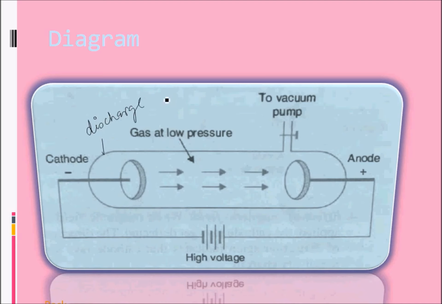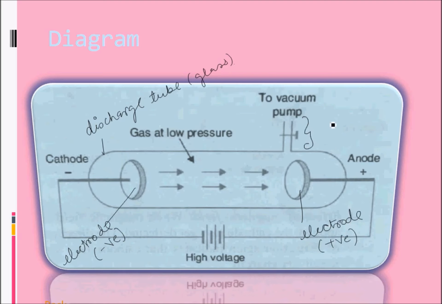It is basically made of glass. This is a metal electrode, the negative one, called the cathode. This is also a metal electrode, the positive one, called the anode.